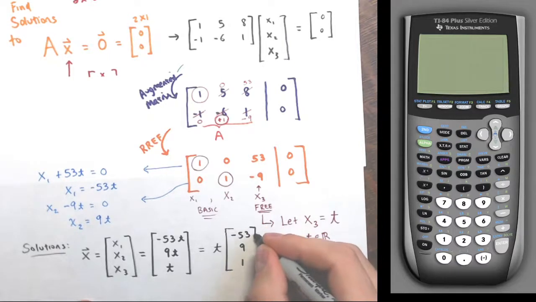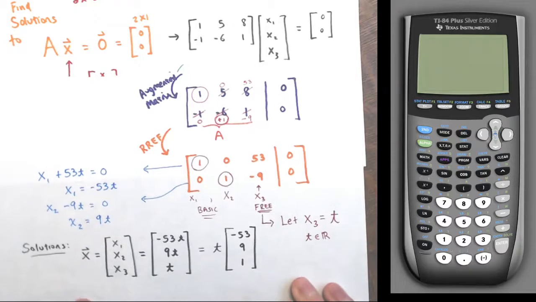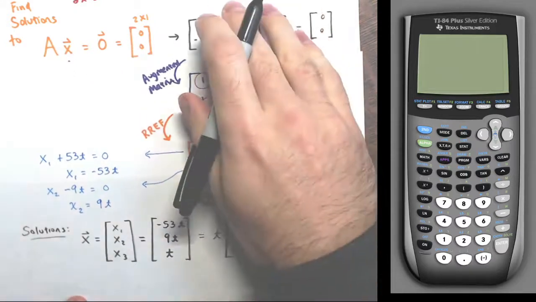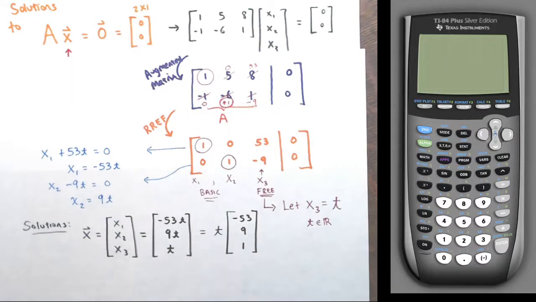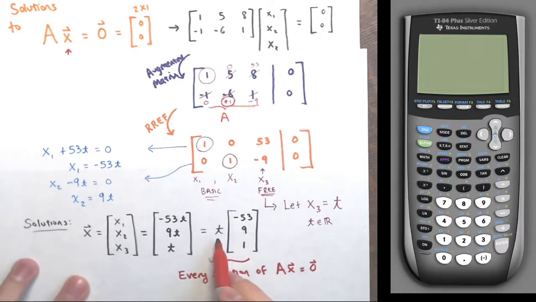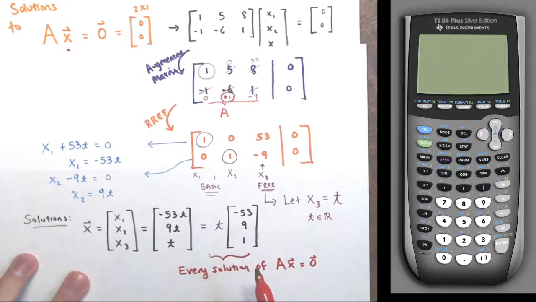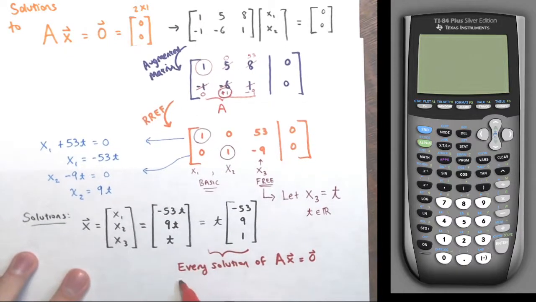The coefficients of t. All right, so what we're seeing here is that every solution of this Ax equals 0 equation that we're finding is a scalar multiple of the vector negative 53, 9, 1.